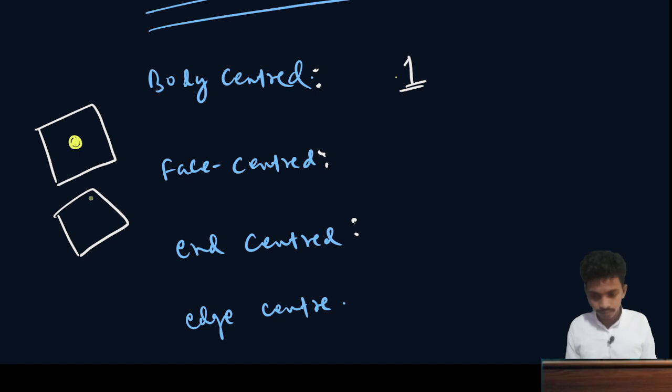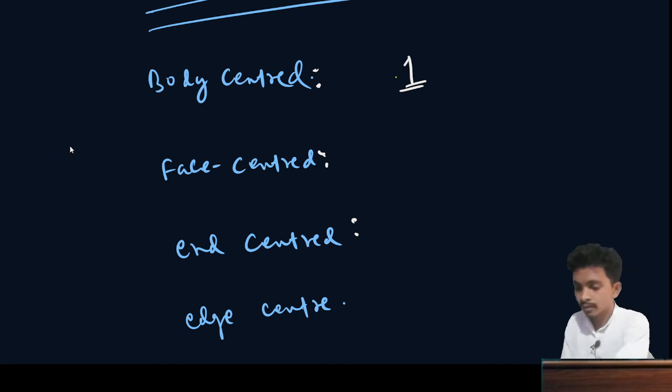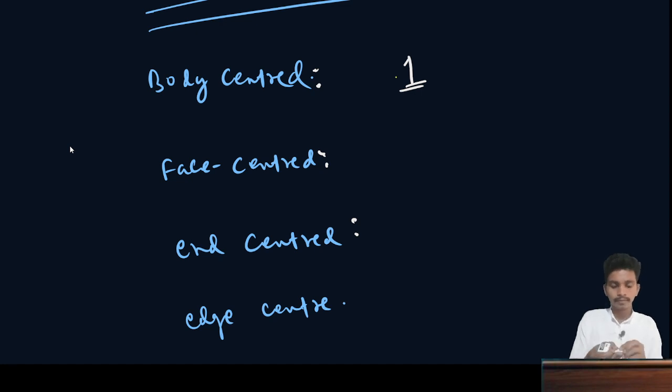Okay, so let's say this is a lattice point, and this is the unit cell.